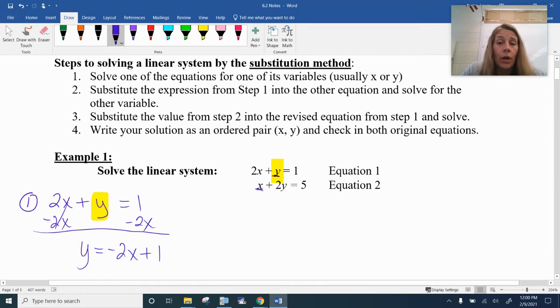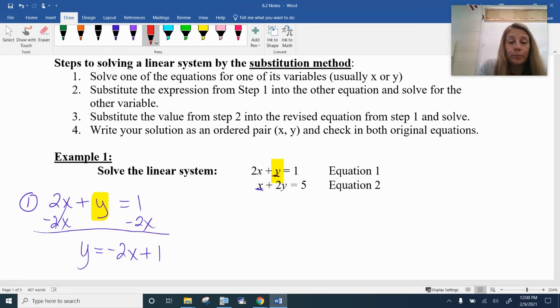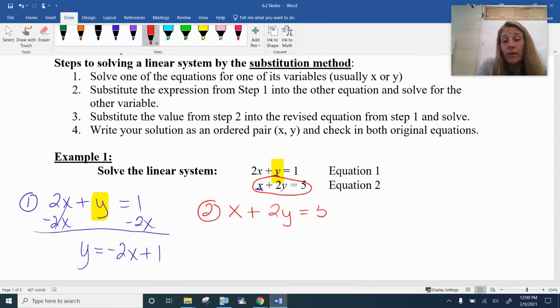So, all right, step 2. Since we already used equation 1 for step 1, for step 2, we're going to use the one we didn't use yet, which in this case is equation 2. So x plus 2y equals 5.